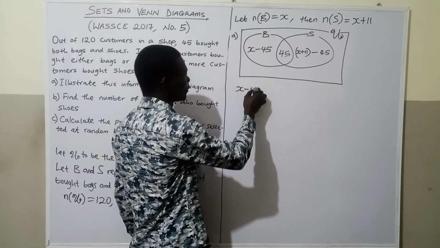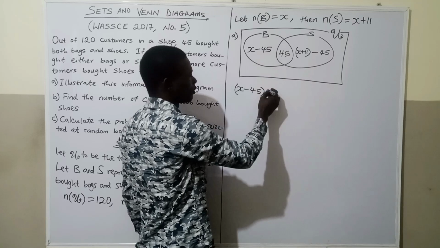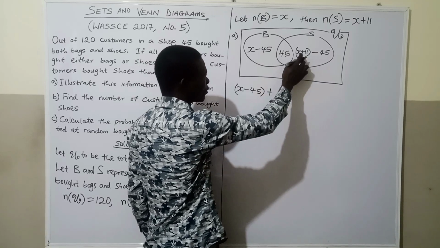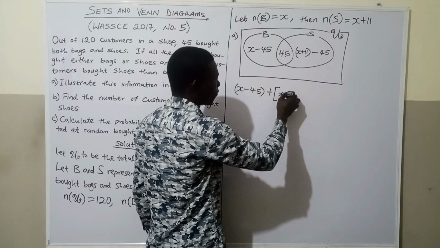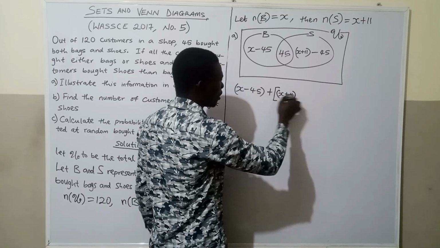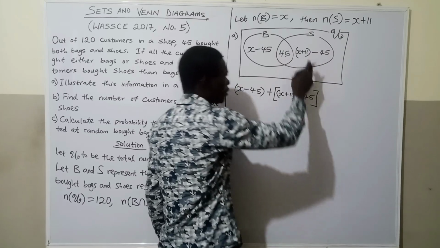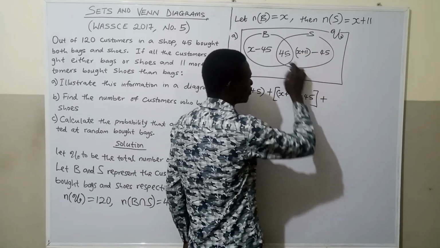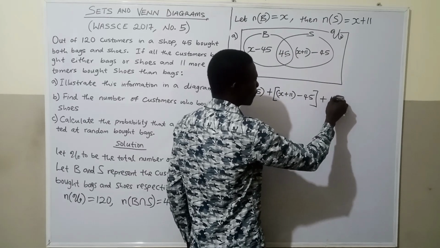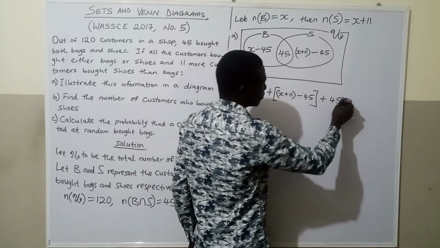X minus 45, which are customers that bought bags only, plus X plus 11 minus 45, which are the customers that bought shoes only, plus 45, the customers that bought shoes and bags.